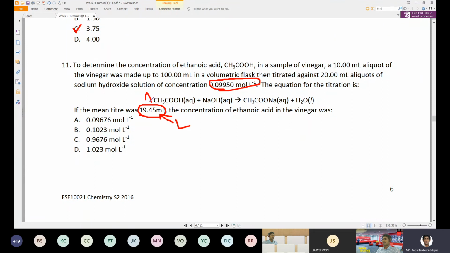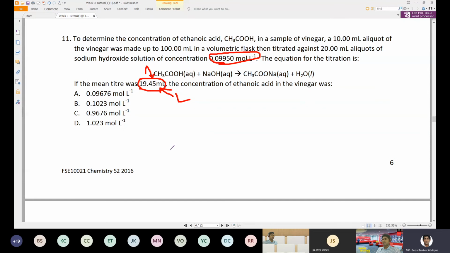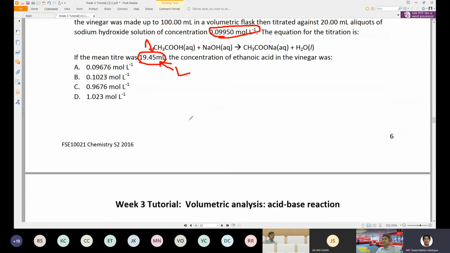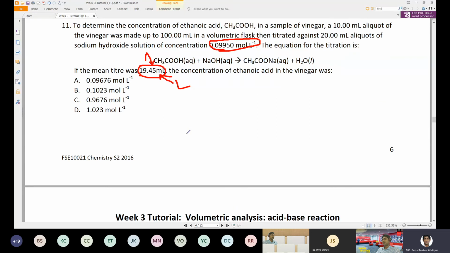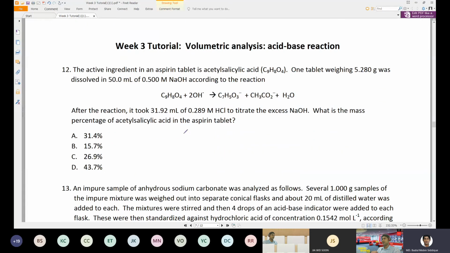It is exactly the same number of moles of acetic acid, and it was diluted 10 times, because 10 milliliter was made up to 100 milliliter. So in the undiluted sample, how many moles of the acetic acid are there? From there we can find in 10 milliliter how many moles, so the concentration, mole per liter.